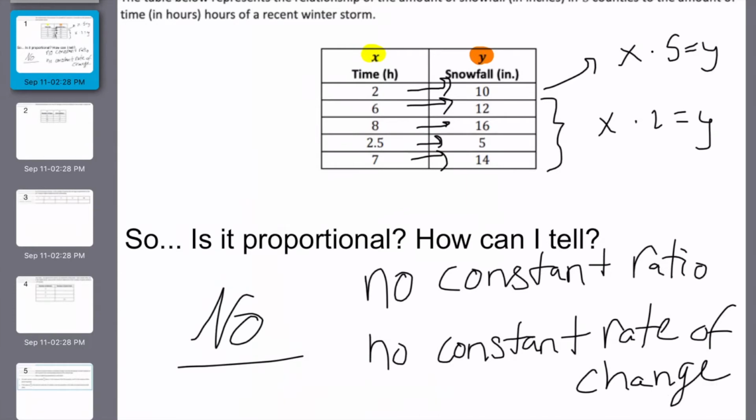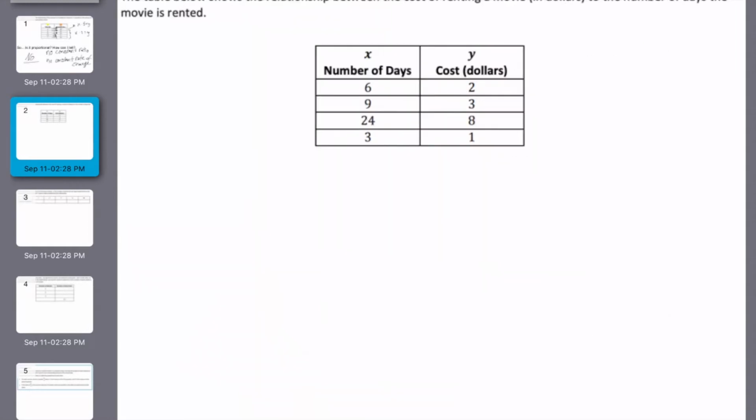Let's look at another one. The table below shows the relationship between the cost of renting a movie in dollars to the number of days the movie is rented. So let's see if I can go from x to y. So 6 to 2. How can I possibly go from 6 to 2? What can I do to 6 that gives me 2? Well, I know that I can divide by 3 every time.